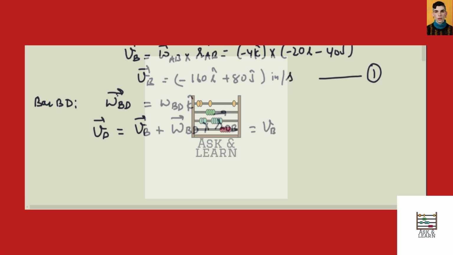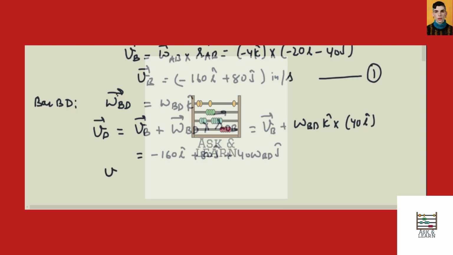In the next step we will write omega BD k cap cross 40 i cap. Now substitute the value of the velocity of B, minus 160 i cap plus 80 j cap, and on solving it, this value you will get, 40 omega BD j cap.